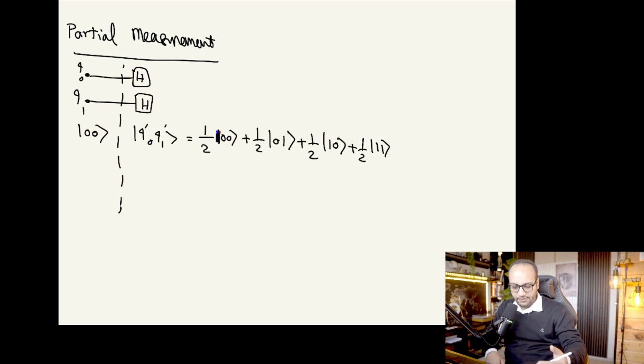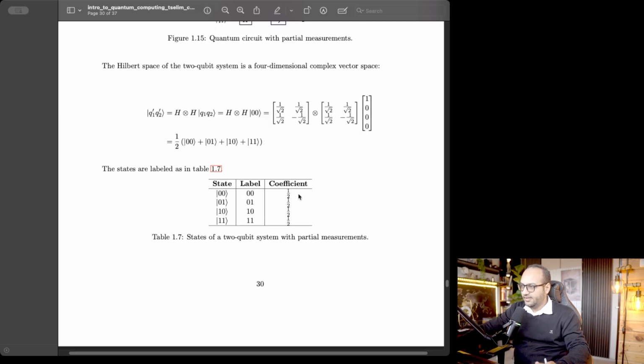So this is a result of applying the Hadamard gate on both qubits. So we have H times H acting on 00, and this is what we get as a result. Now, if we look, these are the coefficients of the states: state 00, state 01, state 10, state 11, and these are the coefficients next to every state.